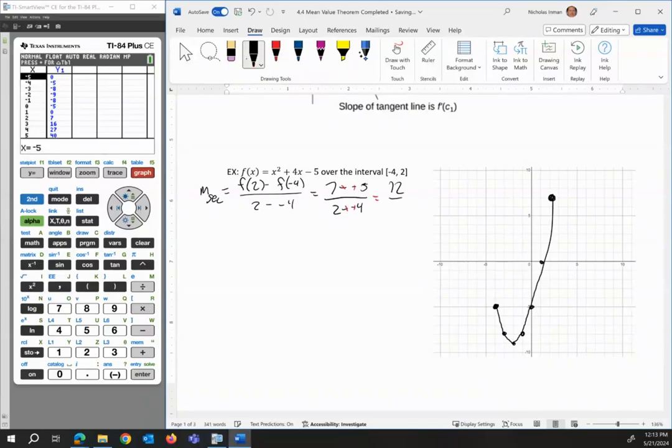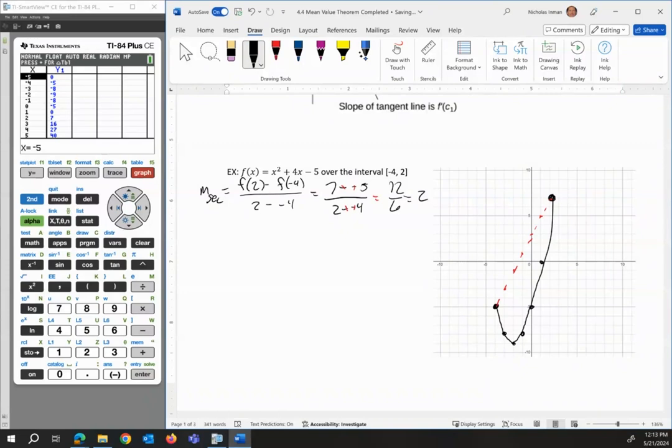So overall we have 12 over 6, or 2. If you connect from here to here, it'd be like going up 2 over 1, up 2 over 1. So if you just went the straight line and did not follow the curve, it would have a slope of 2.